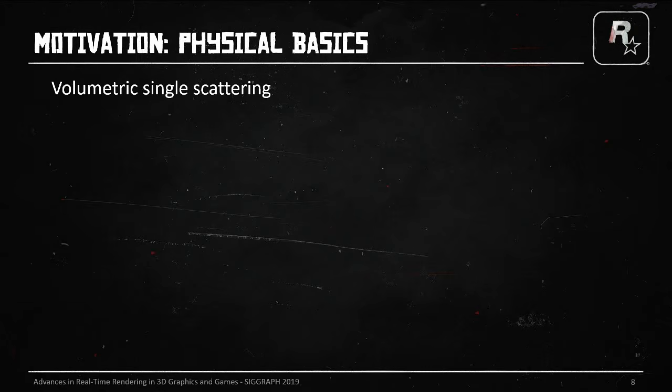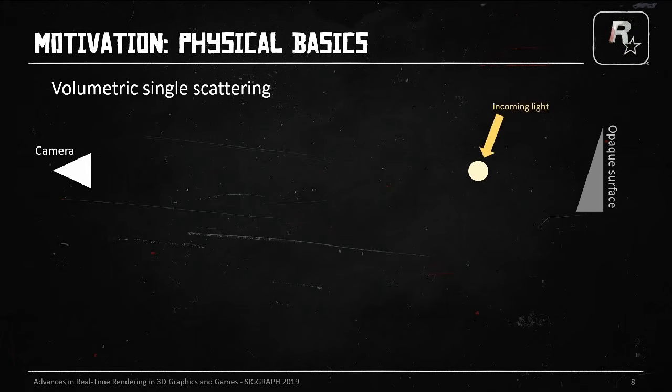The physical basics behind this, if we focus on single scattering, are essentially like this. We are interested in the light that reaches the camera from a surface. If we look at a particle of a participating medium that is in the way of that light path, that needs to be taken into account. The incoming light on such a particle is to some degree absorbed and transformed into, for instance, thermal energy, or scattered back into the scene.